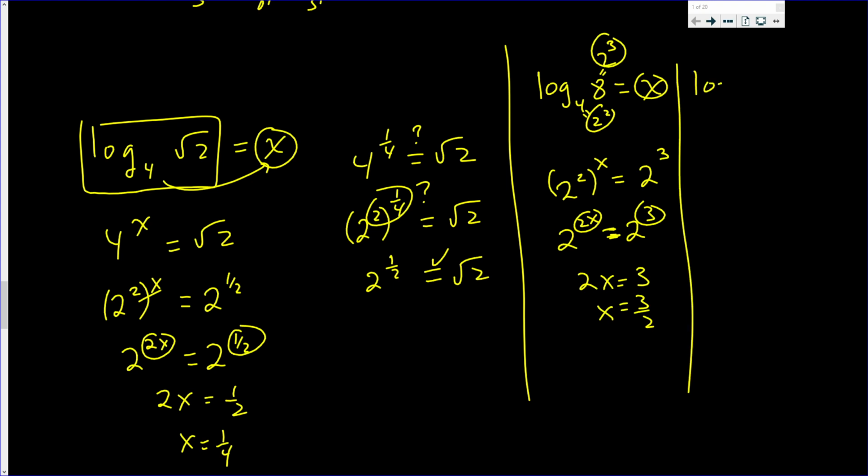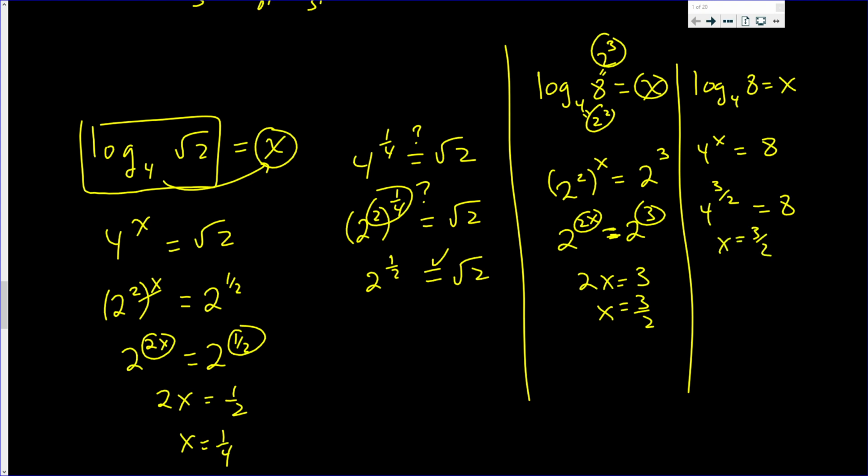If you have log base 4 of 8 equals x, well, this means 4 to the x equals 8. Well, the square root of 4 is 2, and if I cube that, I get 8. The x is 3 halves.